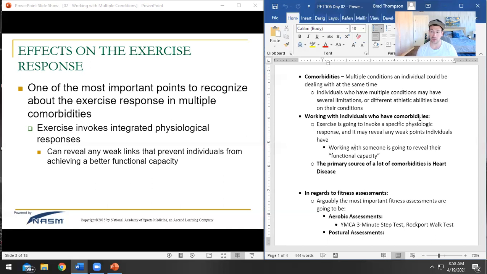But if it's going to make your client really uncomfortable and create a routine they are not going to adhere to, then it's not a very good routine, right? The way I always like to describe this is, you could write the world's greatest workout routine, but if you can't get your client to do it, it's not really the greatest routine.